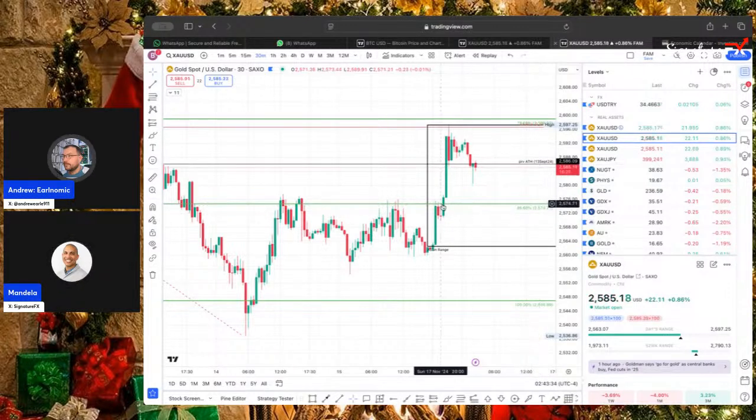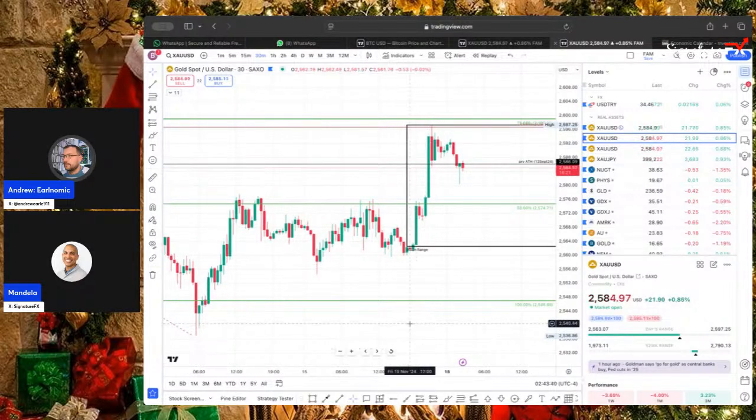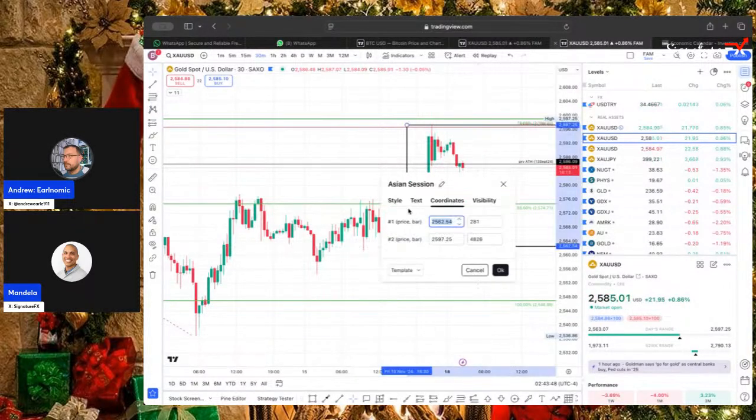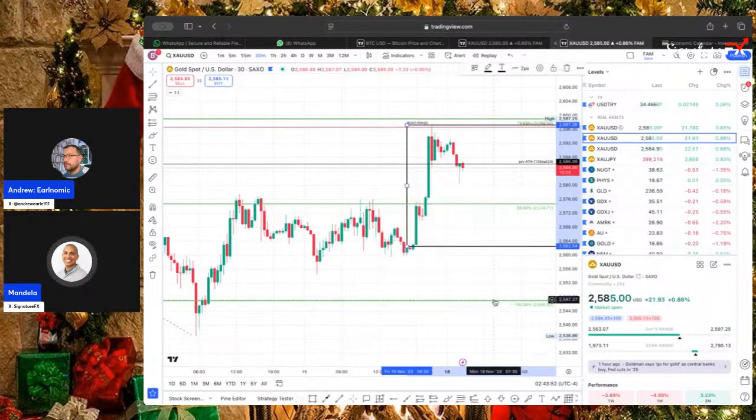So potentially we could see a move down to there before we get a change of direction, or we get a confirmation of a push down to the Asian range. But yeah, we've got a nice liquidity void there, or fair value gap, and it could be a good opportunity to go short. Yeah, I think you're right. I think we could push down first, but let's see how it goes.